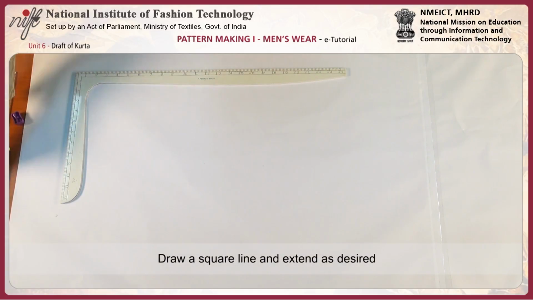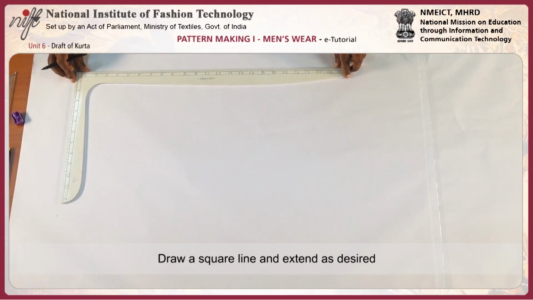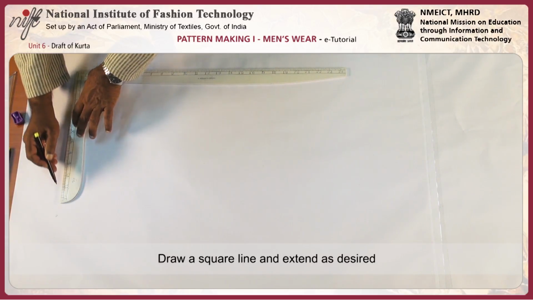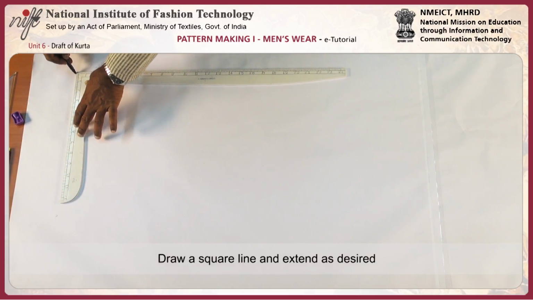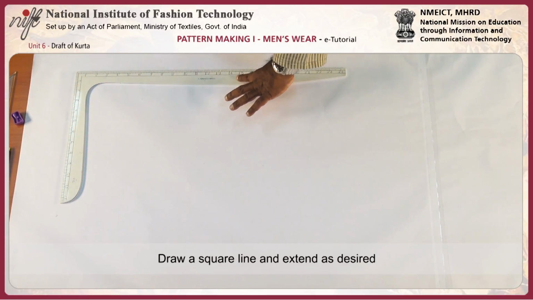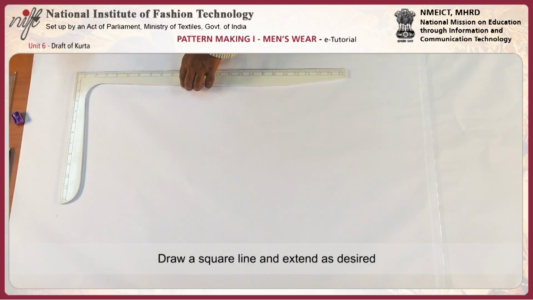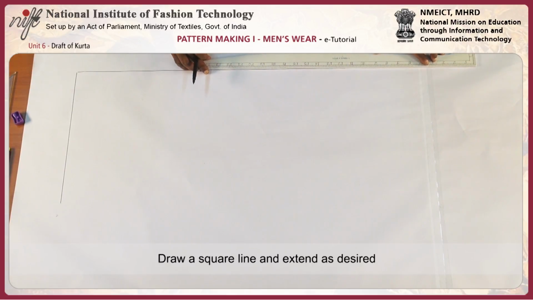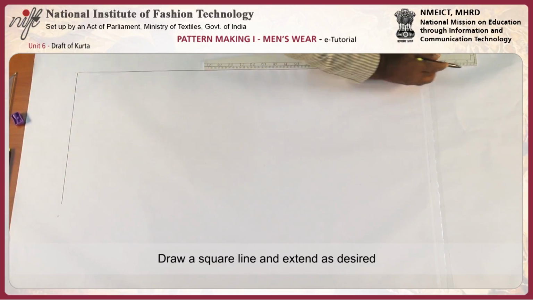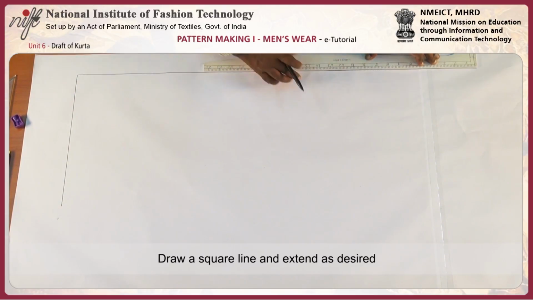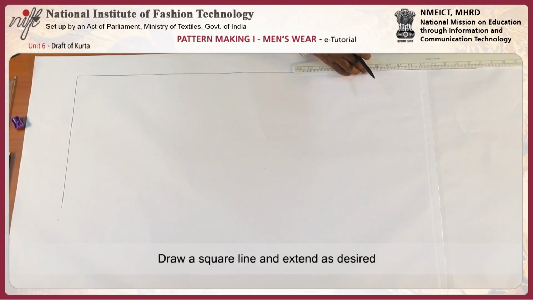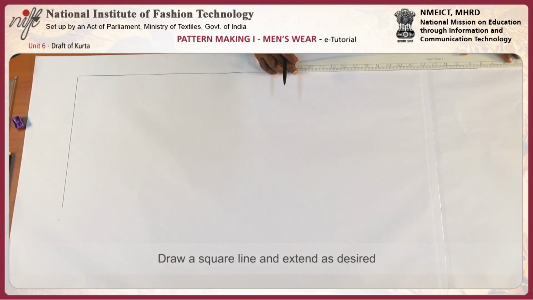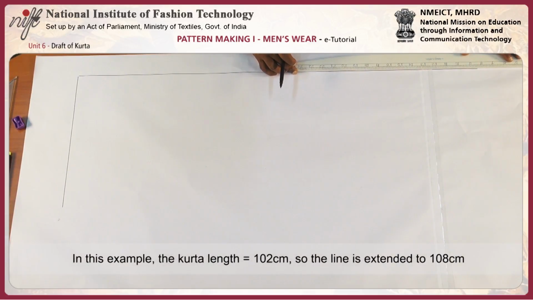Draw a square line or perpendicular line as shown in the diagram, which can also be extended to the desired length. In this case, the kurta length is 102 centimeter.